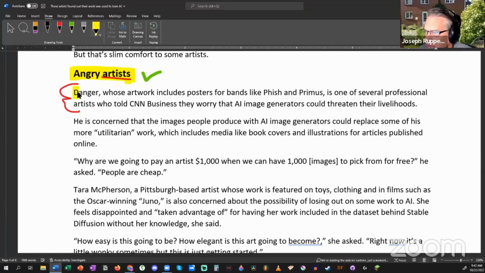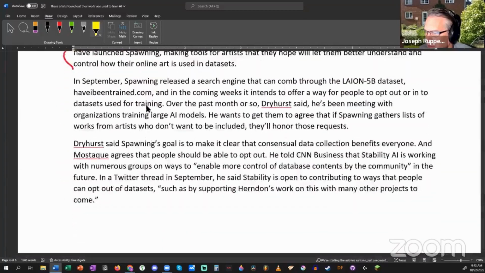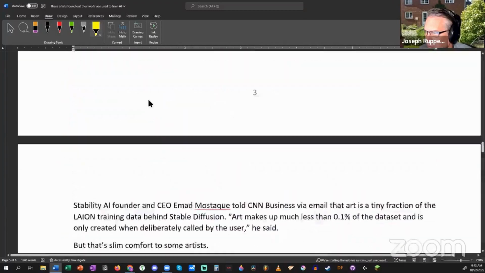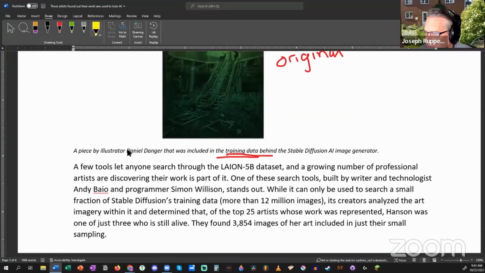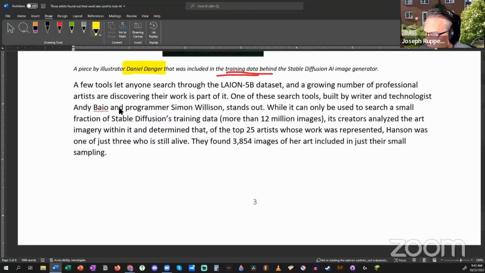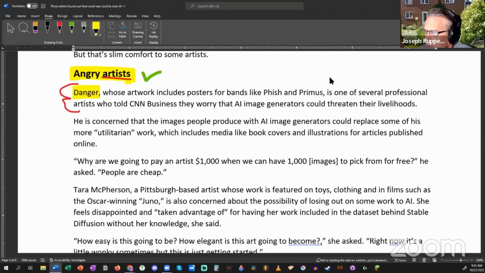So this Danger, we've seen this name of the artist, this artist here. So Daniel Danger. This is a person we've already been introduced to. And he's saying that they worry they could threaten their livelihoods. What does that mean, to threaten livelihoods?